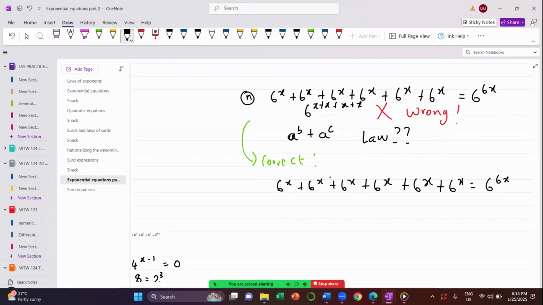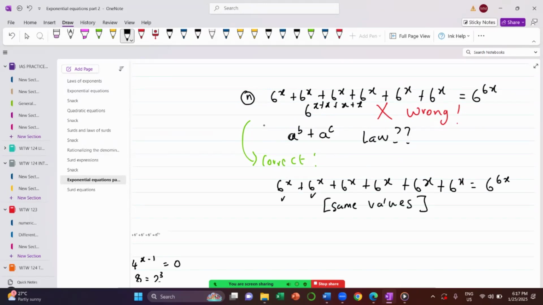So all of these values that we are adding are the same, right? I'm adding the same values because all these numbers are identical. Is that okay? You notice that?